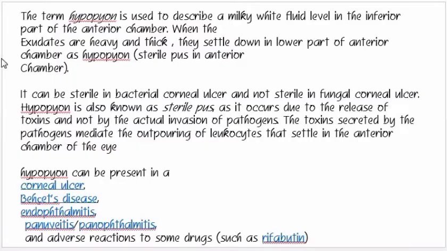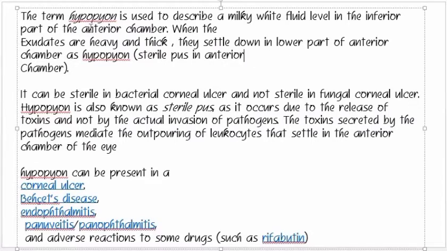So this is hypopyon. The term hypopyon is used to describe a milky white fluid level in the inferior part of the anterior chamber. When the exudates are heavy and thick, they settle down in the lower part of the anterior chamber as hypopyon, sterile pus in the anterior chamber.